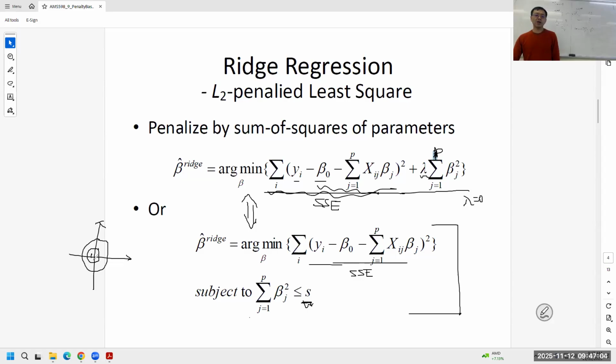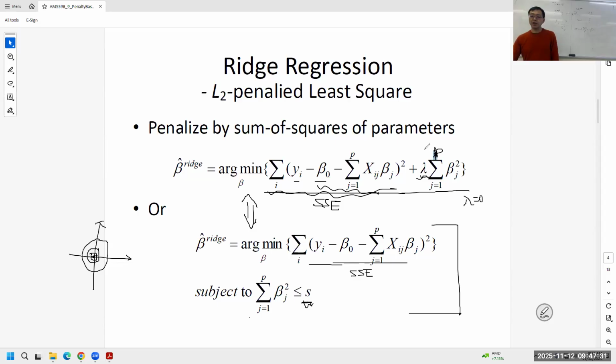When s equals 0, there is only one feasible point at the origin, which is the minimum point. So as s becomes smaller, the constraint becomes harder, which is the same as lambda becoming bigger and bigger.